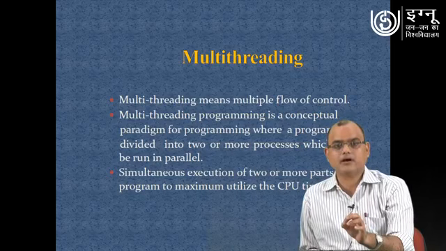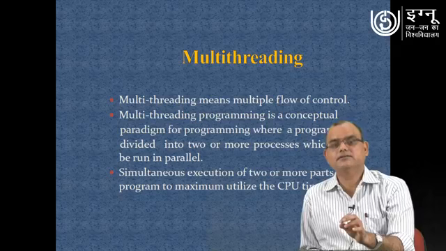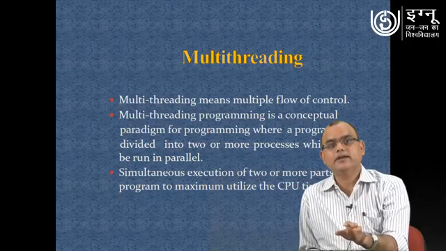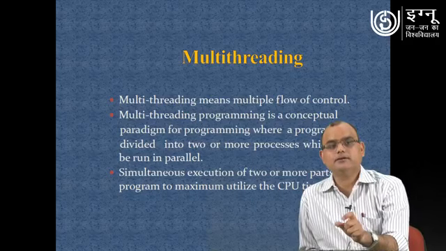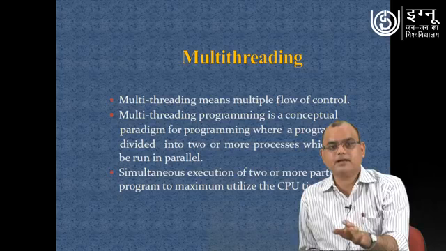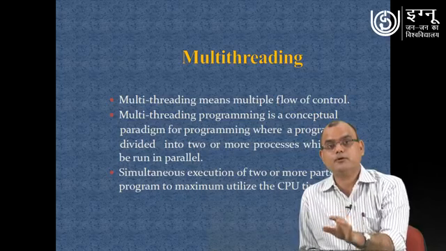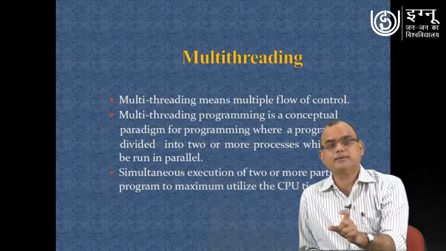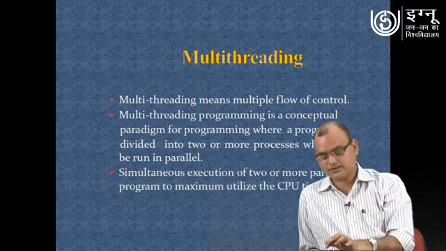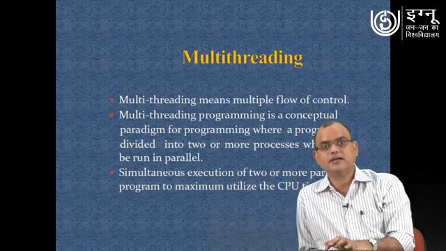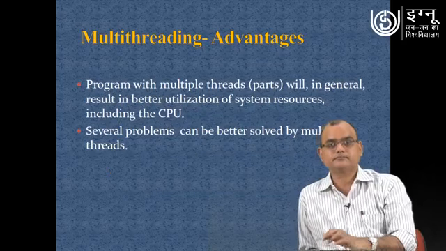Simultaneous execution of two or more parts of a program is to gain the maximum utilization of the CPU. So if we are talking about execution of two or more parts of the program, those different parts of the program are referred to as independent processes, and those independent processes we call threads.